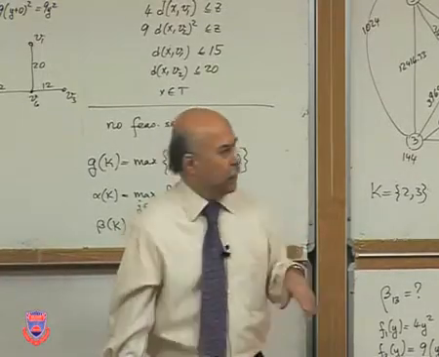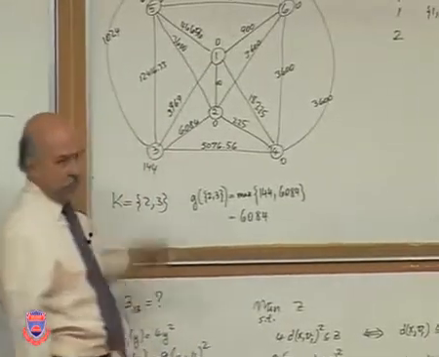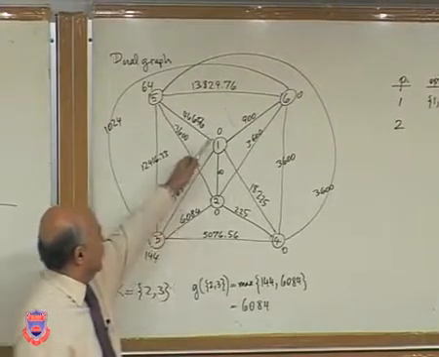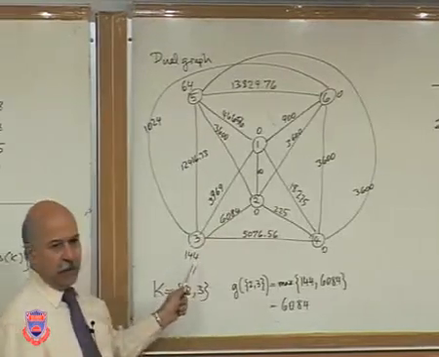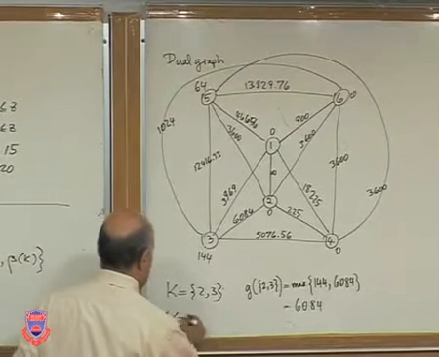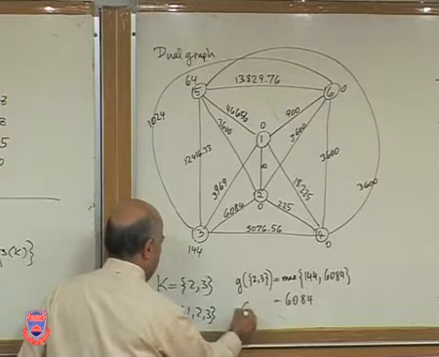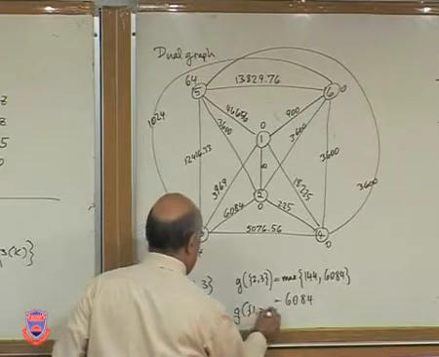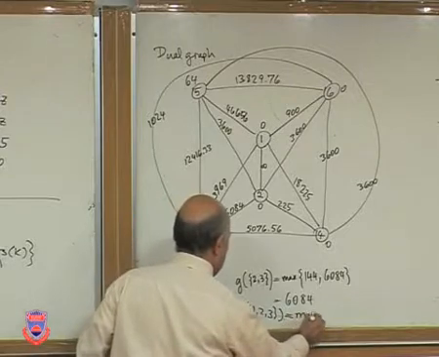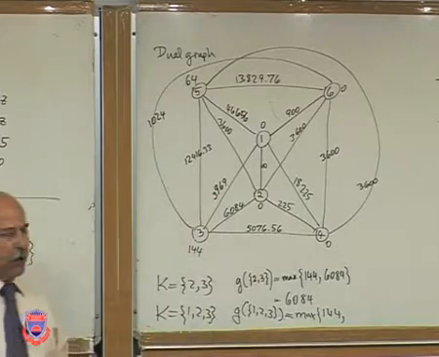So if you pick a possible solution such as 1, 2, 3, for example, what am I supposed to do? I need to look at the maximum, so 144. So when k is 1, 2, 3, the g value for 1, 2, 3 is going to be the maximum of 144, which is the alpha value for that.